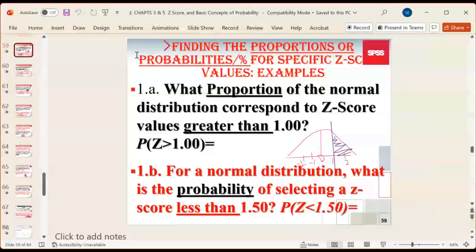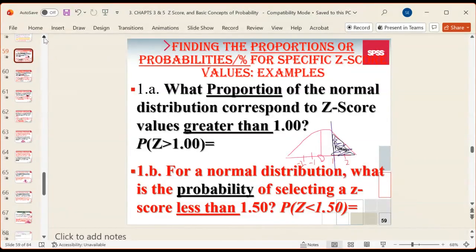And that area, let me draw this area right there. This is what we're interested in. That is the tail, which is C. Okay, so what do we need? We need the tail when the Z is 1.